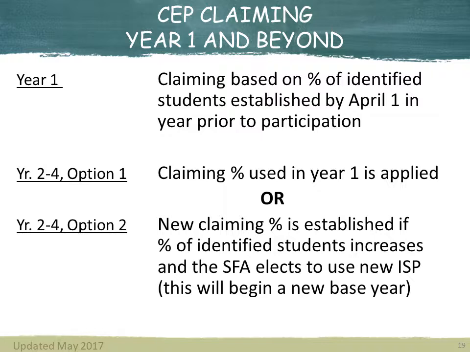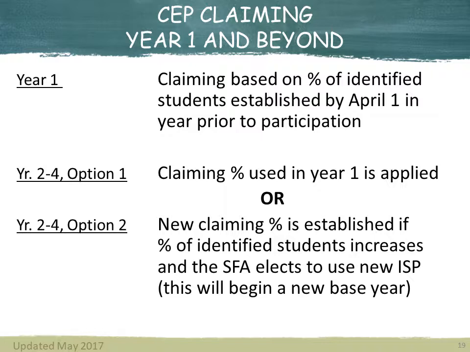And then if you reestablish, then your 4 years start again. If anybody has heard me talk about this before, I always encourage you to reestablish if your numbers are the same or better. Because I don't know about you, but I don't have a crystal ball. So I don't know when this is going to change. And if my numbers are good, I'd rather lock in for another 4 years than end up at the end of that 4-year cycle going, now what am I going to do?